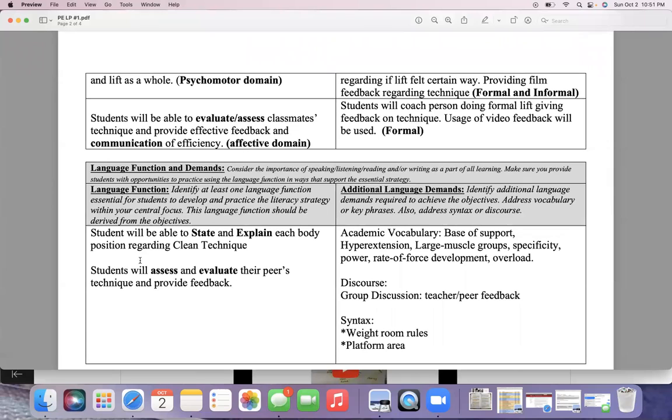What we consider essential here in the sample, he says again that they'll be able to state and explain. Additional language demands kind of just goes over vocabulary and key phrases that they need for this lesson.